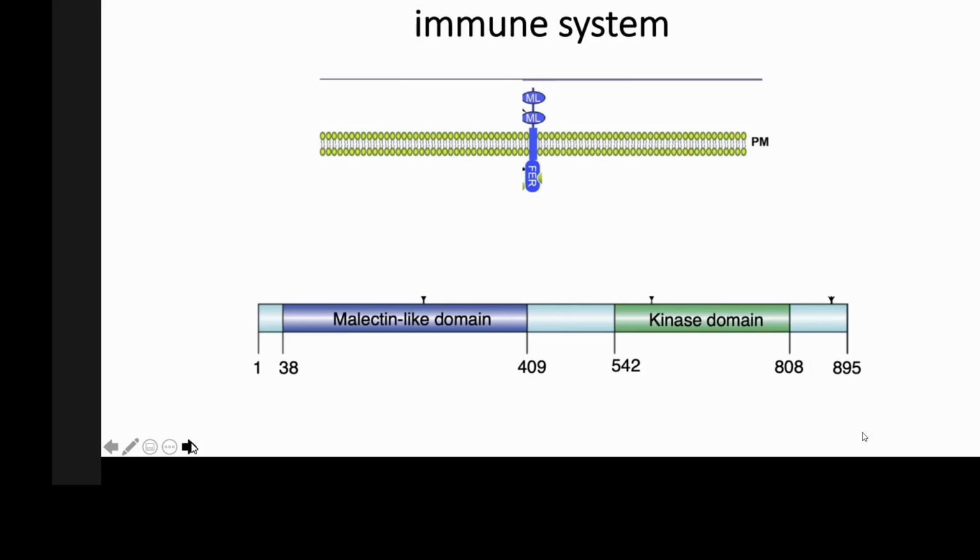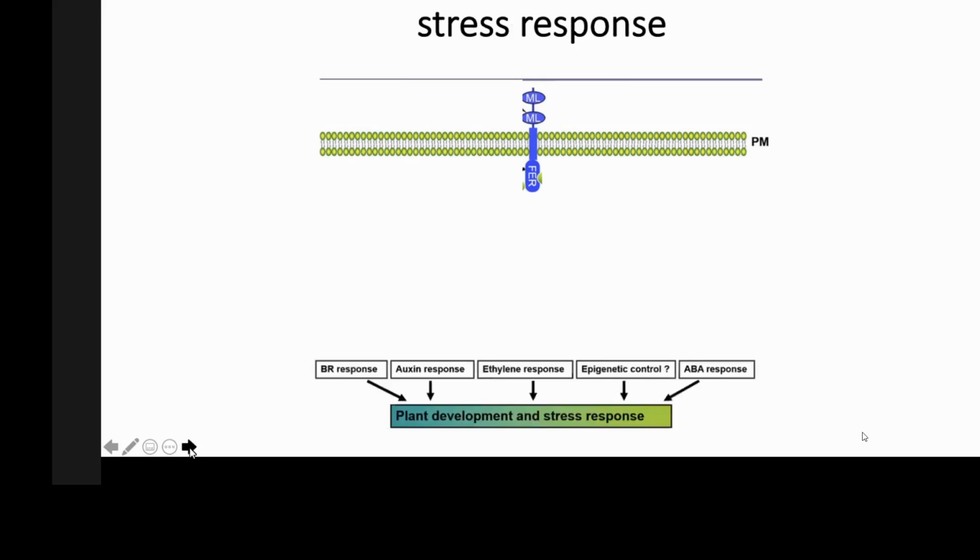And what I'll tell you is that FER seems to be involved in a lot of things. And those lots of things really culminate into it being important in plant development and being important in stress response. And then FER is able to bind to the cysteine rich peptides known as RALFs. I think it stands for rapid alkalinization factors.